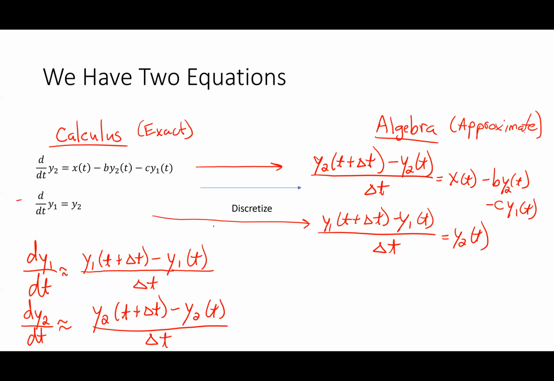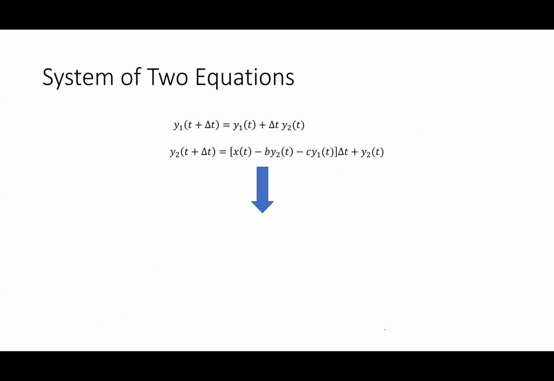I don't want to spend too much time here on derivations. So what do I got to do? Basically what I have to do is the same sort of thing I did the other day. I want to simplify these down so I get an expression for y1 of t plus delta t and y2 of t plus delta t. So I can just rearrange the algebra there, which I don't want to go through.